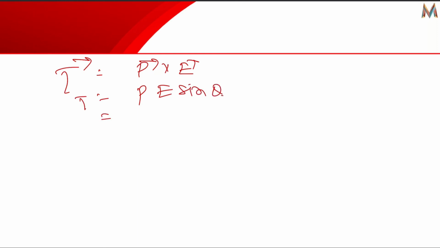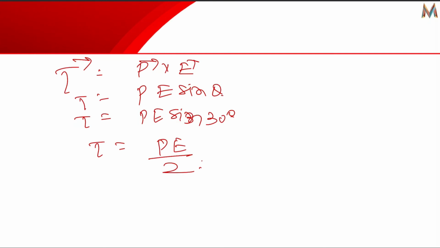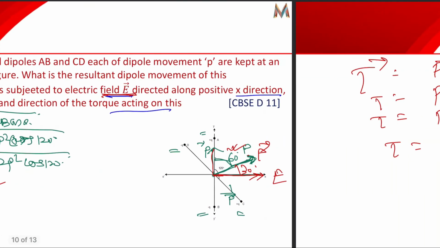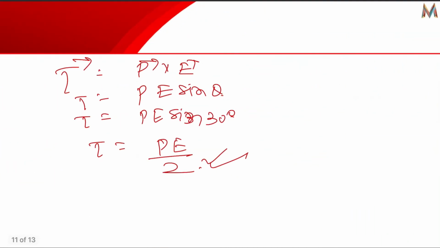Here torque will be equal to PE sin 30 degree. Sin 30 is half, so we can write torque as PE by 2. So this is the torque, and P is the net dipole moment at this point. This question appeared in CBSE Delhi 11.